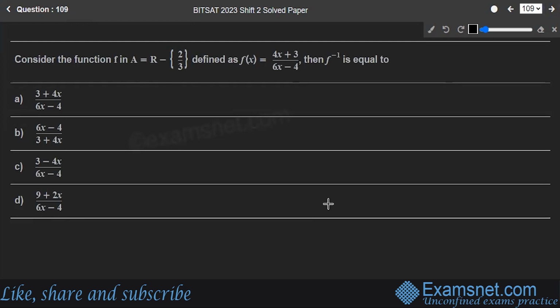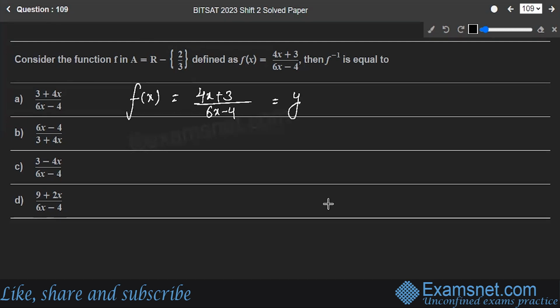Consider the function f from R minus 2 by 3 defined as f(x) is equal to this, then f inverse is equal to. You have the function f(x) is equal to this. Let's say this is equal to y.